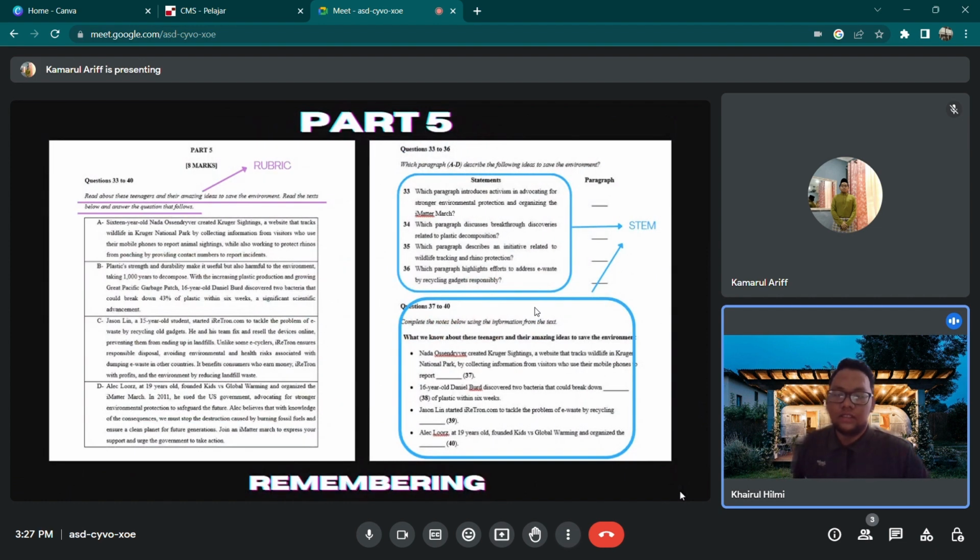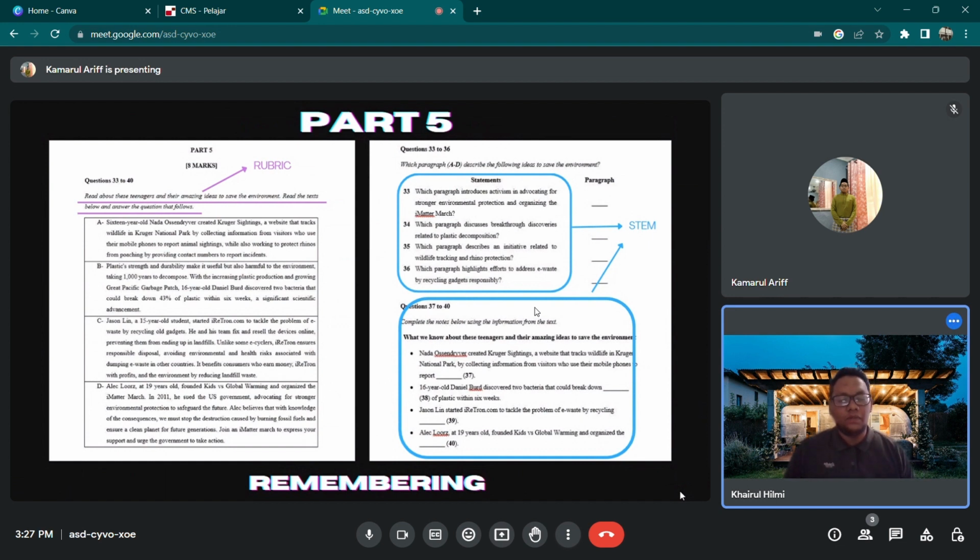I'm going to continue with part 5 for paper 1. As we can see, the purple line is the rubric for the student to answer the question. Then the blue one is the stem, meaning the question.